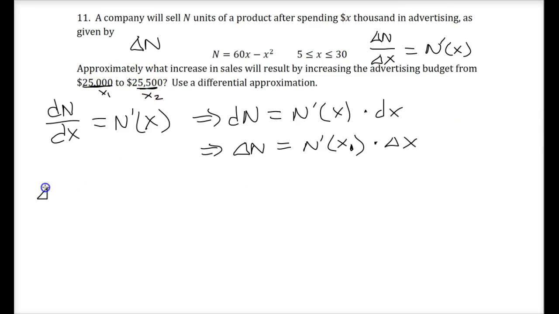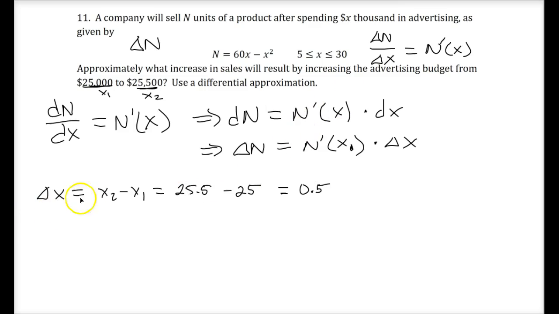Since x is in thousands of dollars, we're not just going to put $25,000 for x1 and $25,500 for x2. We need to translate that in terms of thousands. So delta x is x2 minus x1, where x2 is 25.5 and x1 is 25. The difference is 0.5. So 0.5 K dollars, which is the same as $500.